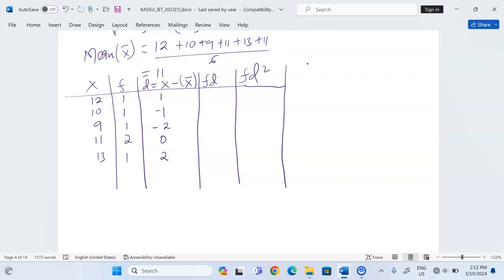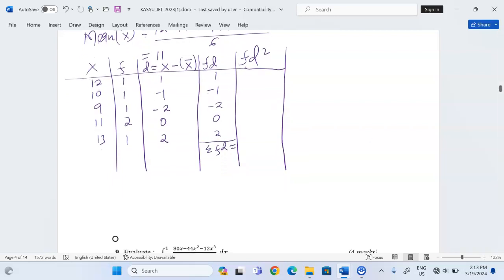So f times d: this is 1, this is negative 1, this is negative 2, and we will have a 0, and this is going to be a 2. Now when we calculate the summation of fd, negative 1 and 1 are cancelling, negative 2 and 2 are cancelling, the other one is a 0, so we get exactly a 0.